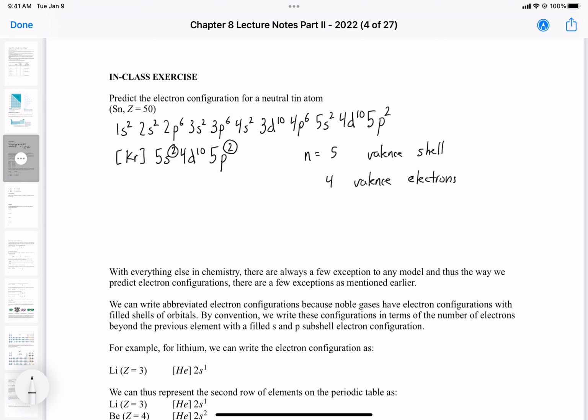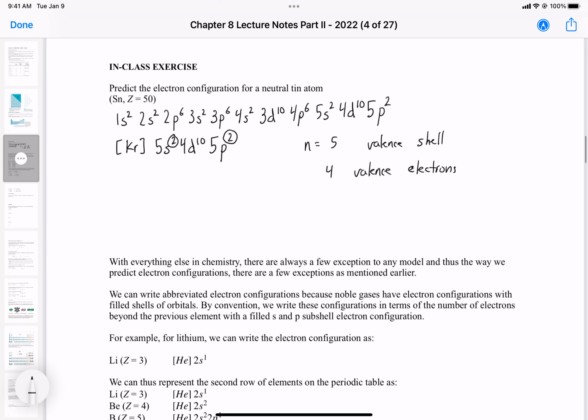It makes sense because tin is in the same group as carbon, so it has 4 valence electrons. That's how we would count valence electrons, something we'll have to be able to do in the next chapter when we talk about Lewis structures.